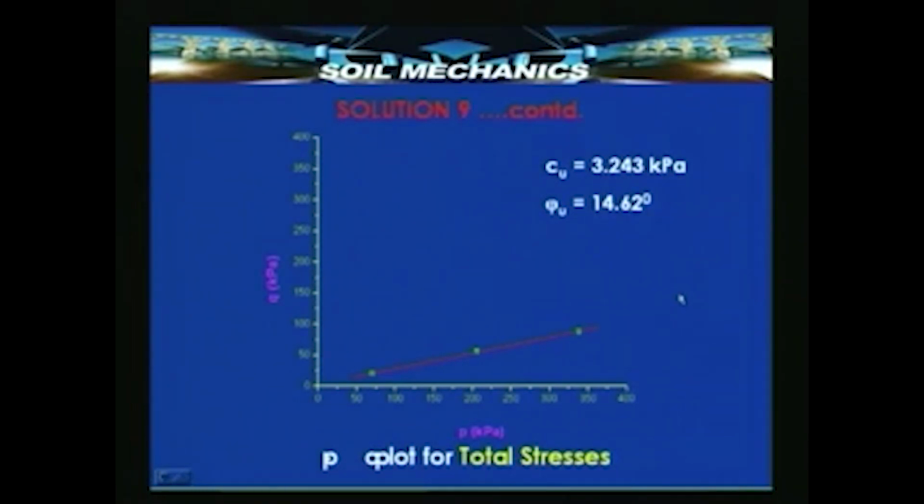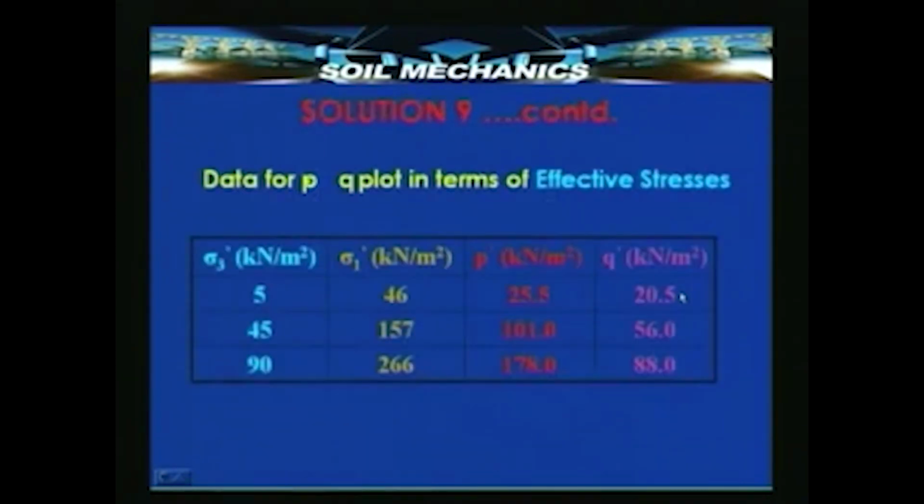If we were to use the effective stress parameters, then the data that we need for plotting the PQ graph is sigma 3 dash, which is this after subtracting the pore pressure, and sigma 1 dash, which is this after subtracting the pore pressure. P dash will be the addition of the 2 divided by 2, Q dash is the difference divided by 2.